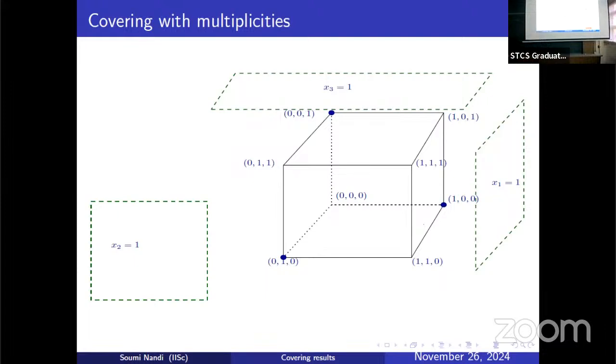Observe that if I just take the hyperplanes x_i equal to 1, then all points except those which have exactly one nonzero coordinate are covered at least once. The points covered exactly once I can fix by adding the hyperplane summation x_i equal to 1, and then all the points are covered at least once, and the all zero point is again uncovered.